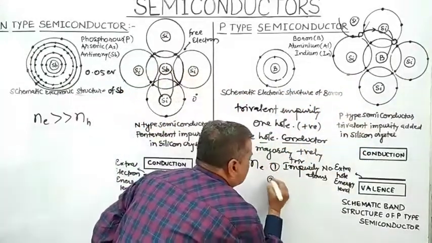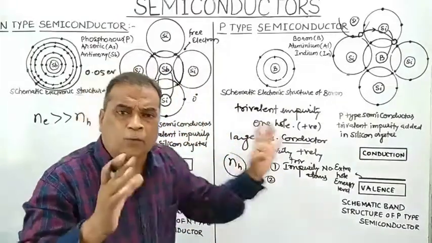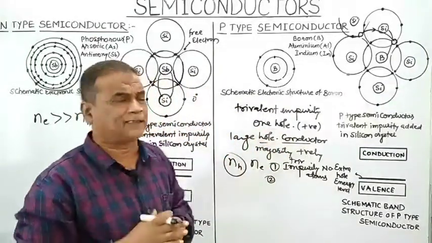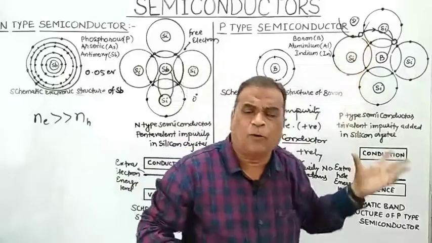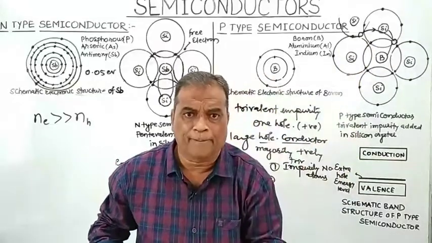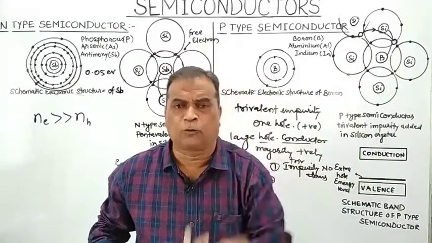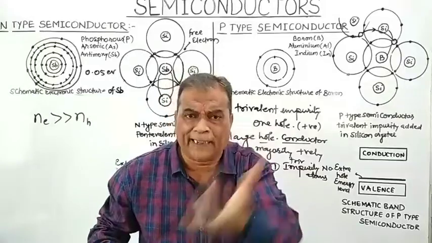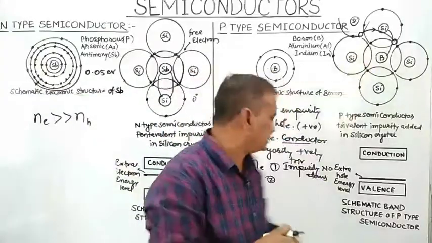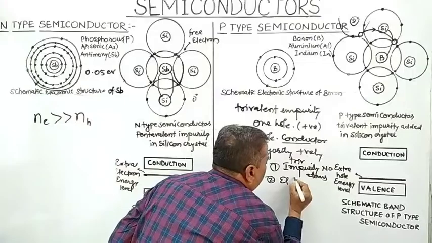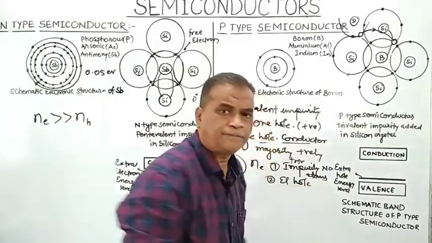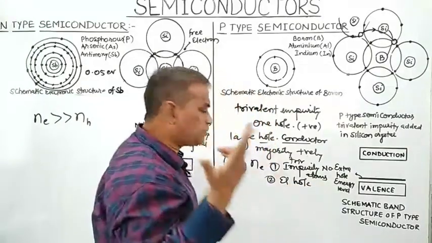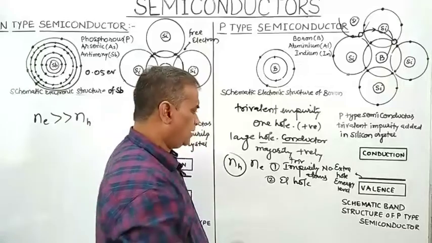In addition to this, at room temperature, due to thermal agitation, a few of the covalent bonds are broken, and due to breaking of these covalent bonds, electron hole pairs are produced. Means holes are produced due to two reasons.